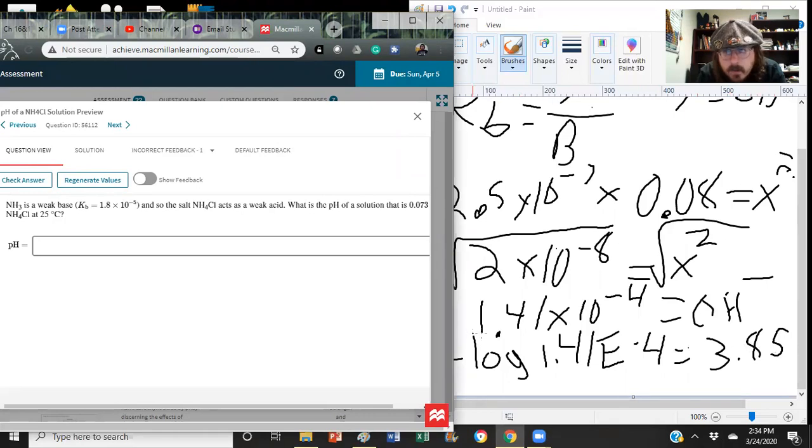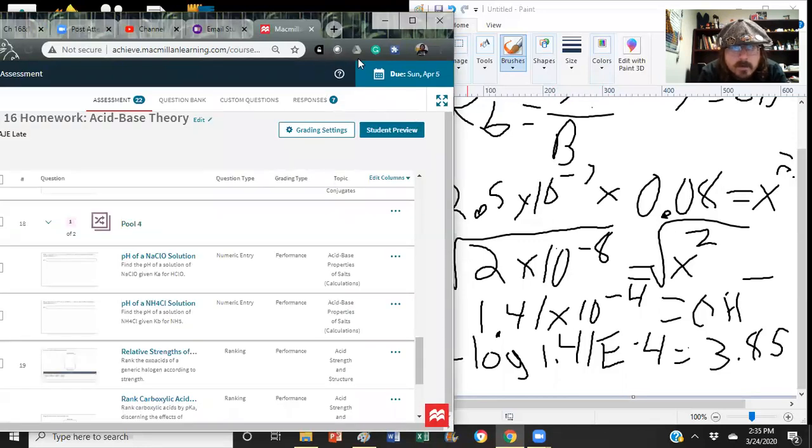You stop at this step right here, because we'll be looking for a Ka expression. A Ka expression will give us the H plus. The negative log of H plus will give us our pH. So that one is actually a little bit easier, but not much, just a smidgen easier. So don't go thinking you got the hardest version. It's not bad.